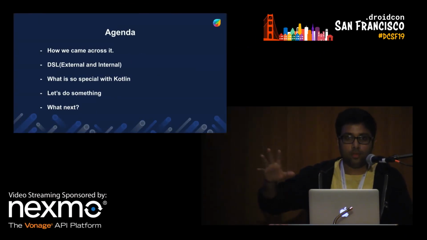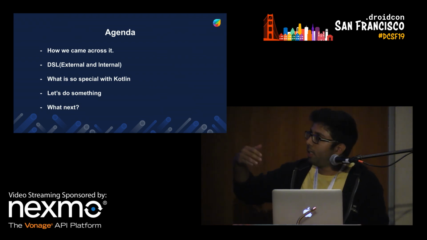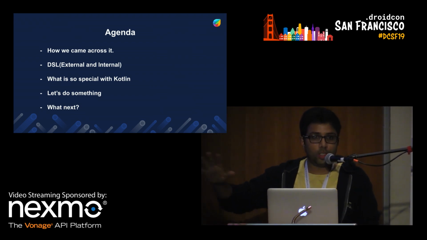Before starting off, I'll tell you what this is going to be about. I'm going to start with a problem that I came across, for which this DSL presented itself as a solution, and then cover what a DSL is, what the characteristics are, and what Kotlin has in store for us. We'll start with some starter Kotlin features, make it as simple as possible, and then start building something right here using whatever we've learned.